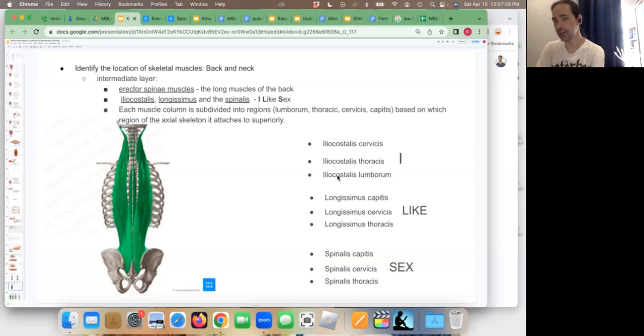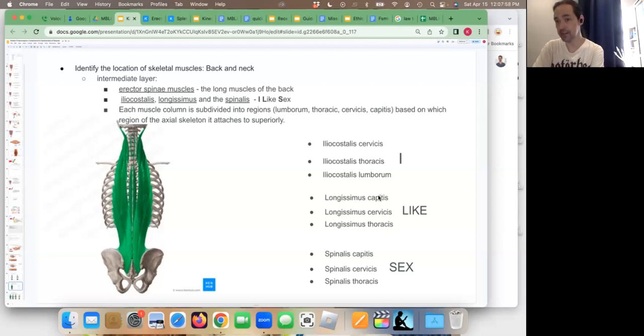They're not going to call iliocostalis cervicis iliocostalis capitis, and then another choice be iliocostalis cervicis. I don't think they're going to do that to you. So it's enough for you just to be familiar and not have these three sections of each of the spinal erector group, erector spinae group, solid. Familiar and not solid, that's fine.